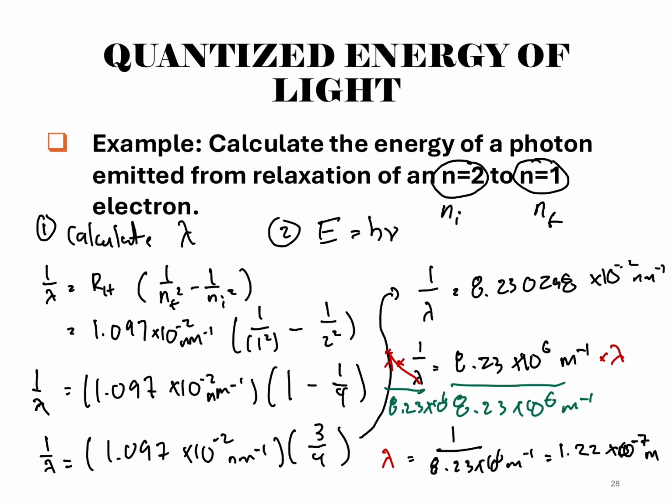Because when we divide by inverse meters, the units of 1 over meter, same thing as writing 1 over 1 over meter, which just gives us meters in the numerator. So that's how we end up with just units of meters in the numerator. So this gives us the wavelength.